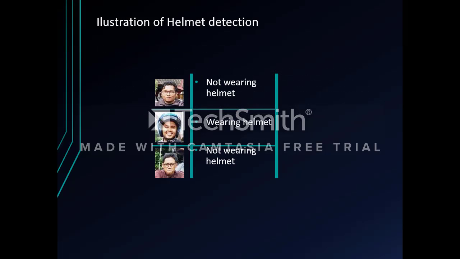This is an illustration of helmet detection, with some images. There is someone without a helmet, and the classifier detects exactly that he is not wearing a helmet.